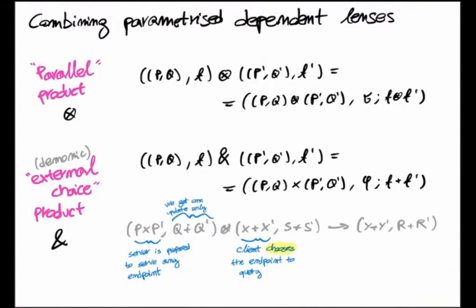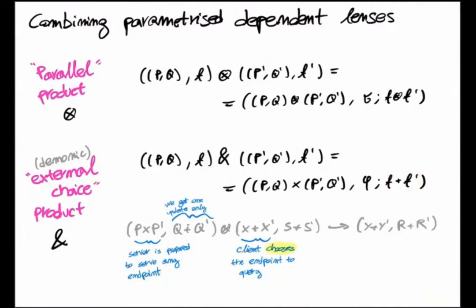If we have a stateful lens, so a parameterized lens, and another one, what we do with the ampersand is we take the Cartesian product of the parameters, and substantially we take the coproduct of the two interactions, of f and f prime, the two lenses.